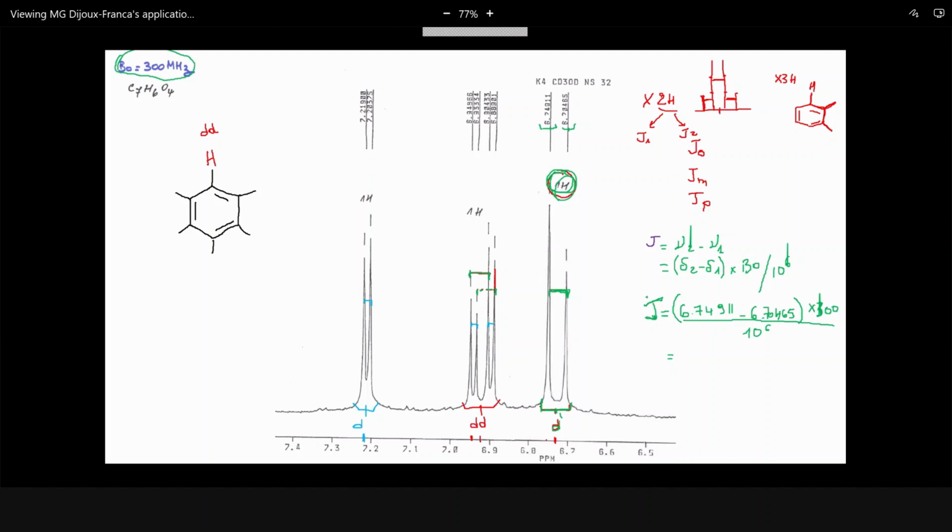So I think the field here is not 300, but it's 200, because it's too high. So it's around 7 hertz if I redo the calculation. 76.7.